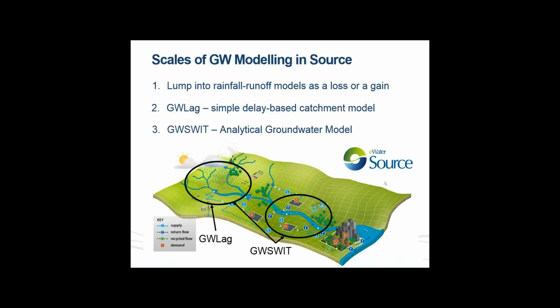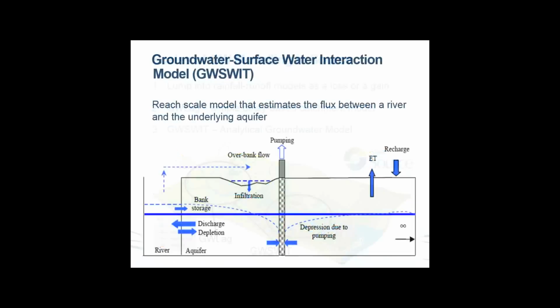This model is a reach scale model that calculates the exchange of water between the river and the underlying aquifer. It's suitable for modelling the long-term impacts of water resource policy on system storages, flows and water shares in regulated rivers.